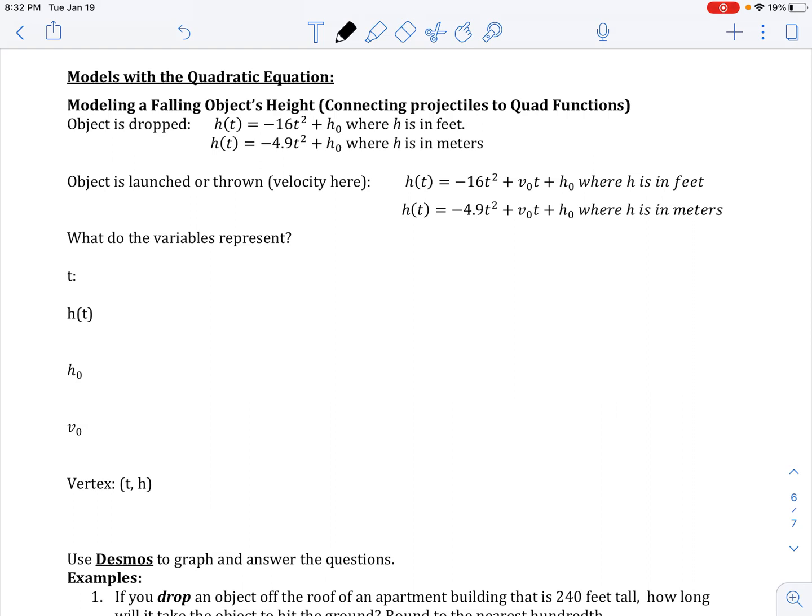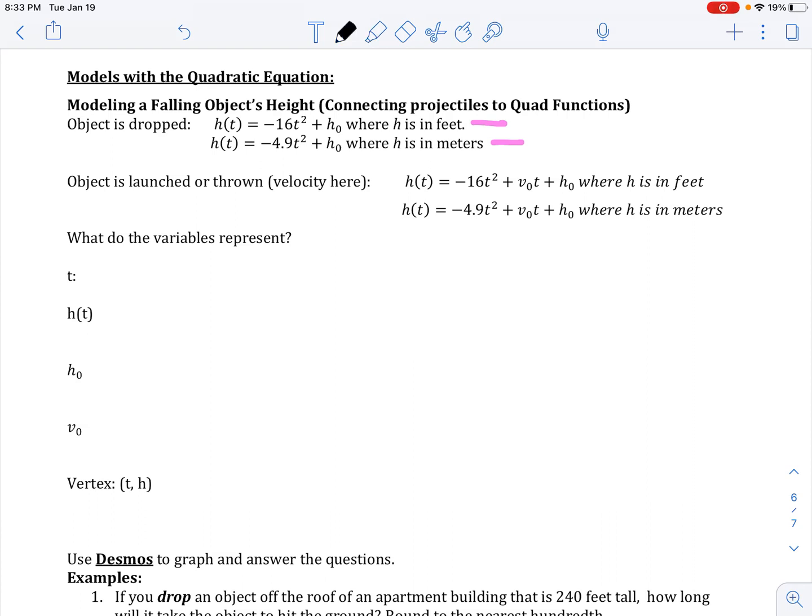And when you plot those points, they're going to show up as a quadratic function when you are modeling a falling object. And these are the two equations. You do not have to have them memorized, right? But you do have to be able to recognize the different pieces of information in the equation.